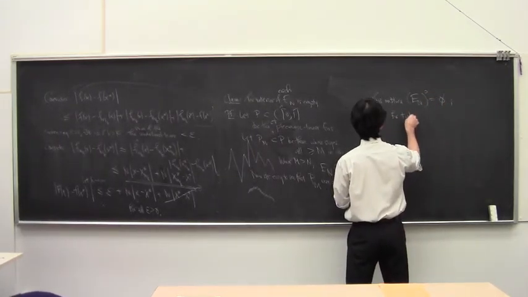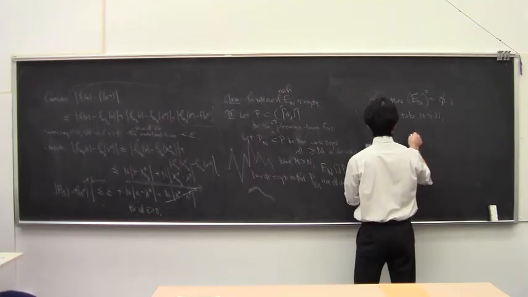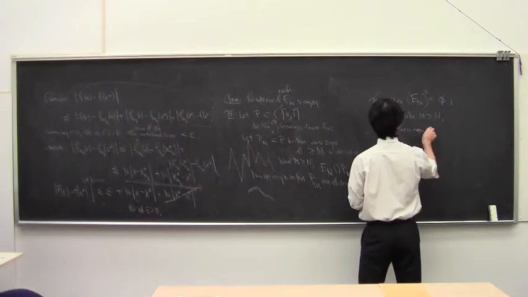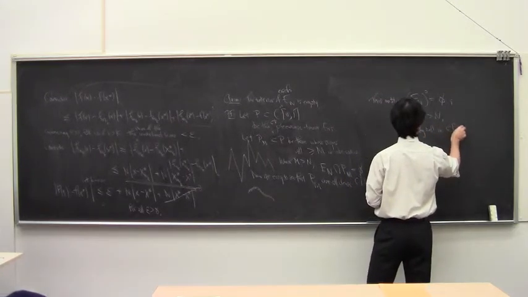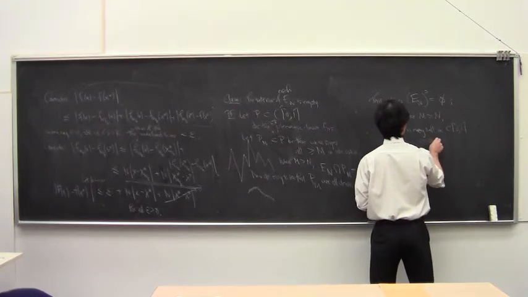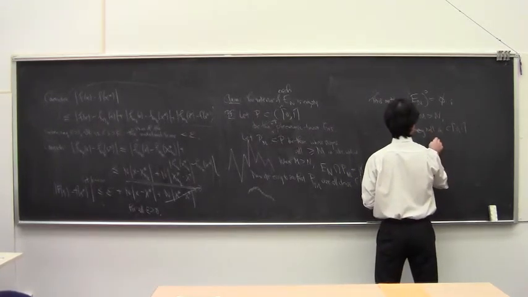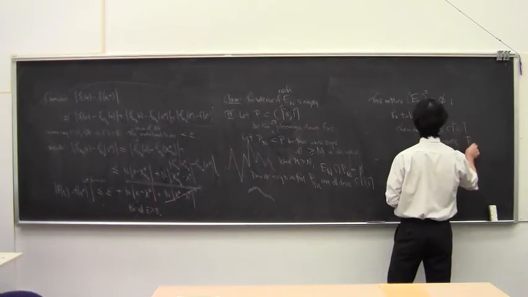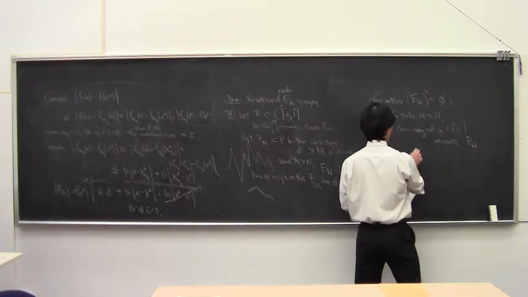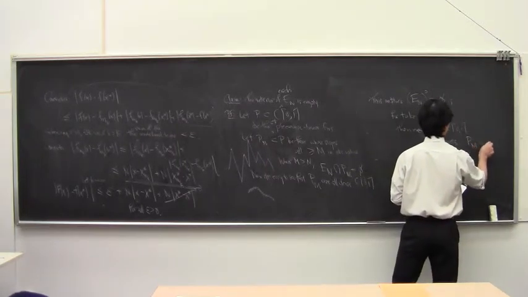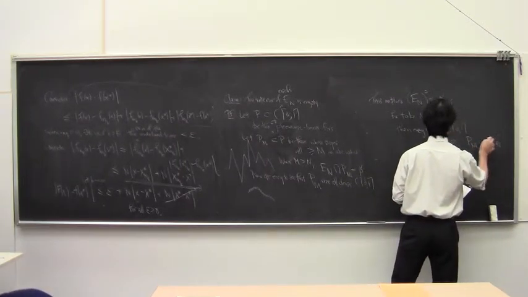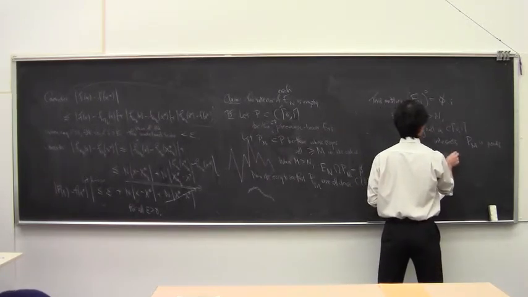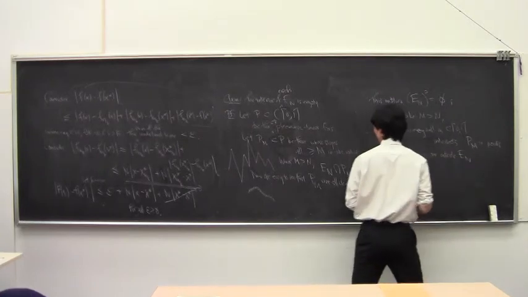If you take M bigger than n, then every ball in C0 contains elements, so intersects P sub M, which are points outside E sub n by the fact we said earlier.